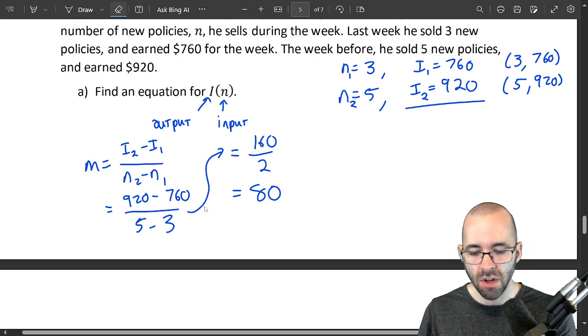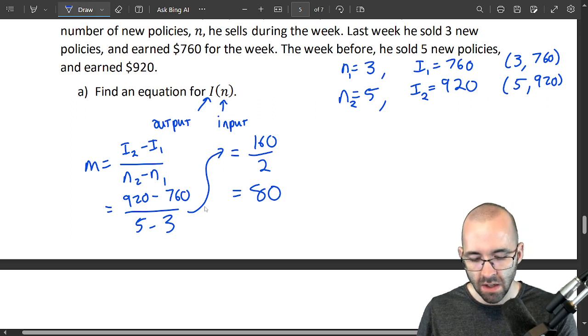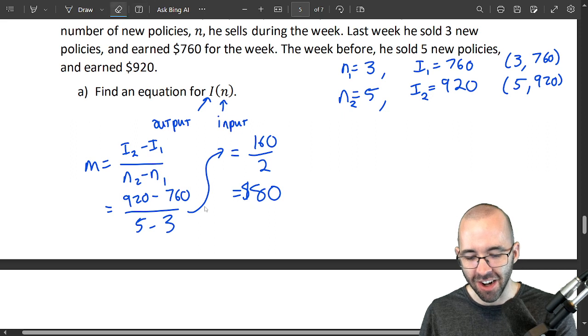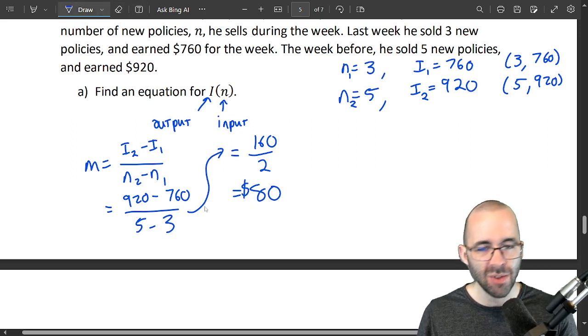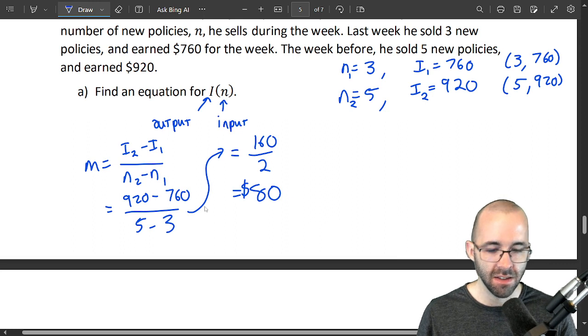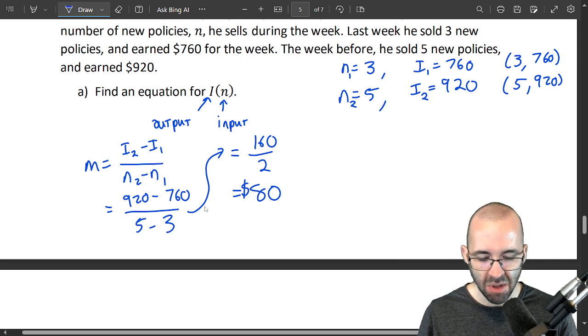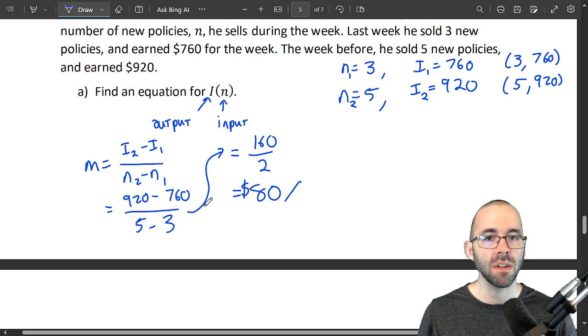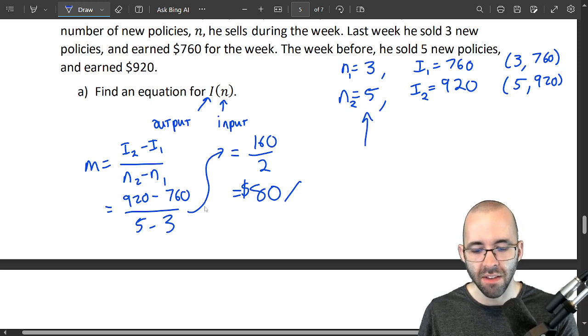What are the units for dollars? The weekly income. Sorry, what are the units for income? And the answer is dollars. You could say dollars, you could say dollars per week. I would take either. Let's just keep things simple and say dollars per units of input. What are the units for these N's?